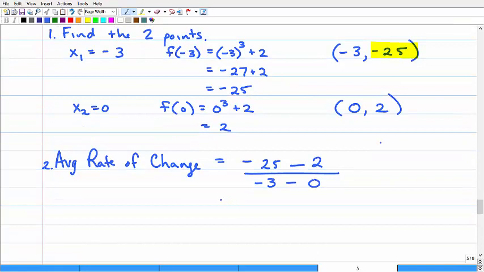What is negative 27 divided by negative 3? 9. So the average rate of change of that function from x equals negative 3 to x equals 0 is 9.